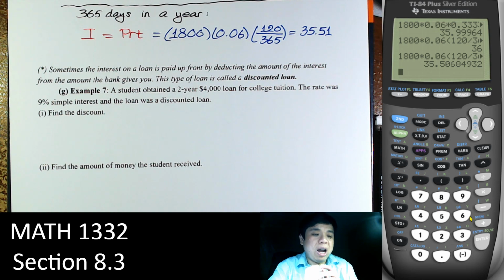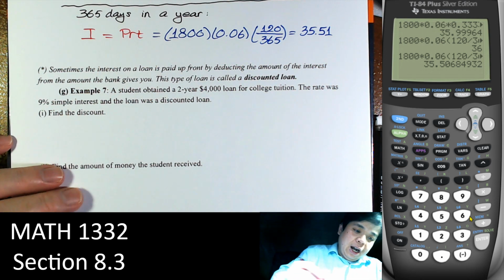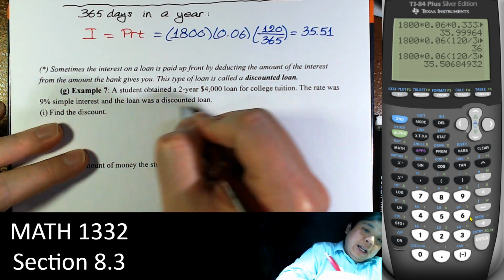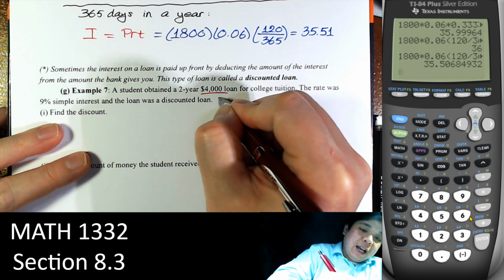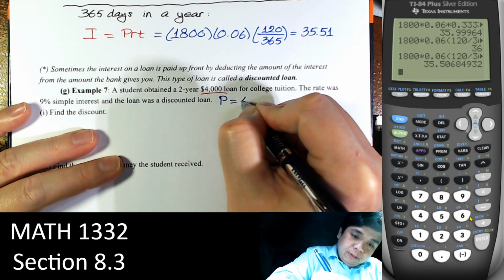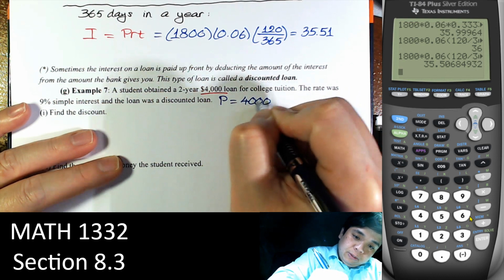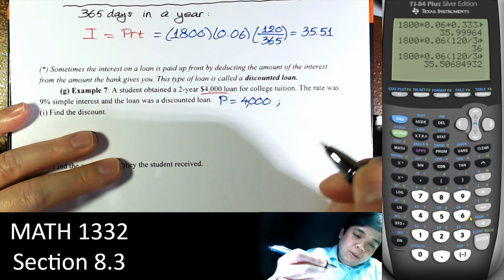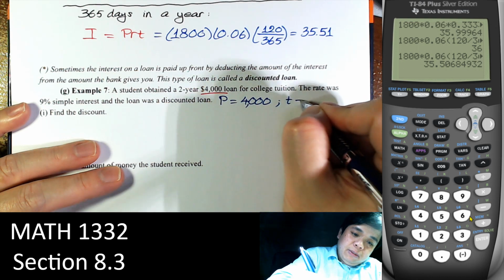So how does this work? Let's say we have the 4,000, that is the principal. And the time, 2 years.